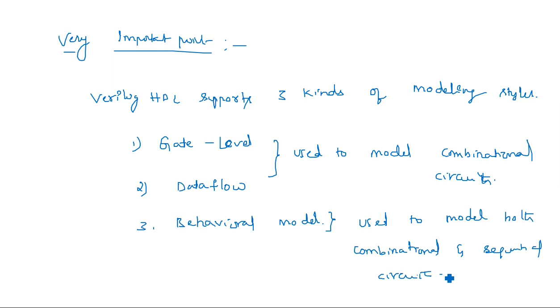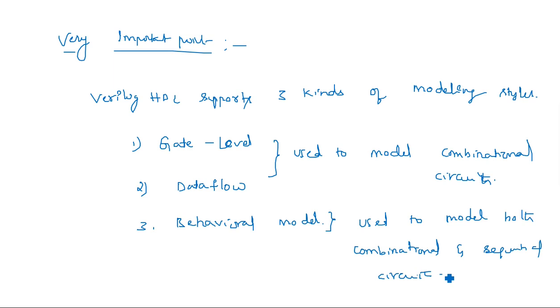If you remember VHDL coding, there are three different styles: structural model, data flow model and behavioral model. Likewise in Verilog HDL we have three styles of writing a program: gate level modeling, data flow modeling and behavioral modeling.